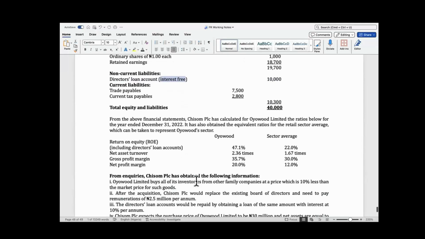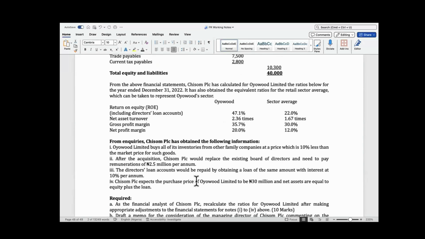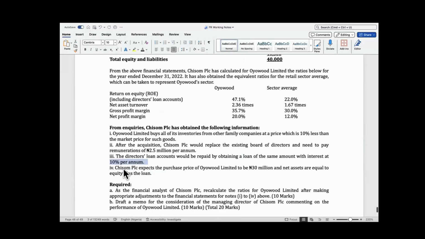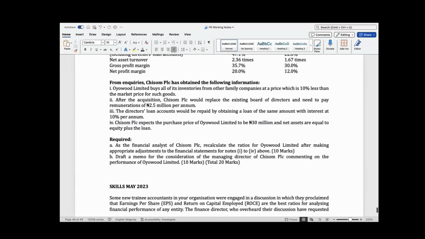So they will need to repay it, and he has to obtain a loan of the same amount and he pays. So we need to calculate interest on loan and put it in the account. And Shisom expects the purchase price of Oyo Wood to be 30 million. Okay, that's the net asset acquired. And net assets are equal to equity plus loan.